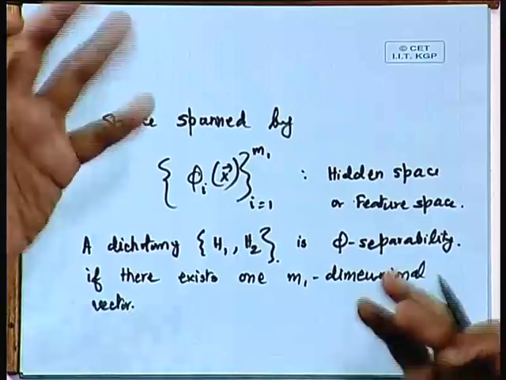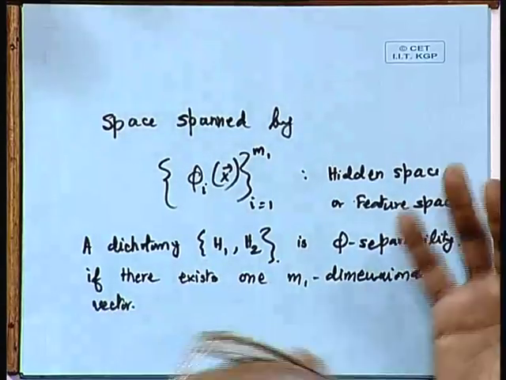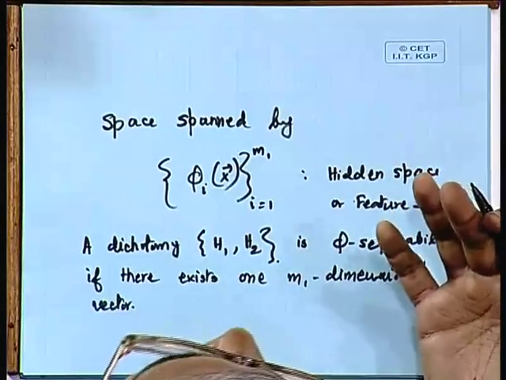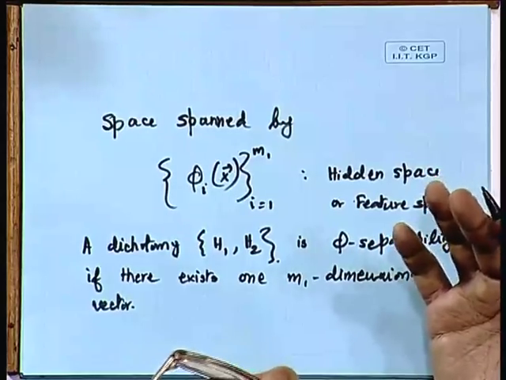In fact, finding one such M1 dimensional vector itself is good enough, because we have chosen a family of functions, isn't it? There are M1 number of such functions, and if out of these M1 functions one fulfills the separability criteria, then we can say that using the phi functions is worth it, because at least one member of this phi function is able to solve our problem.